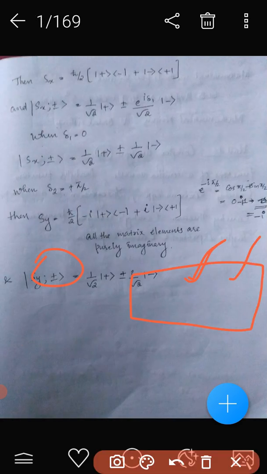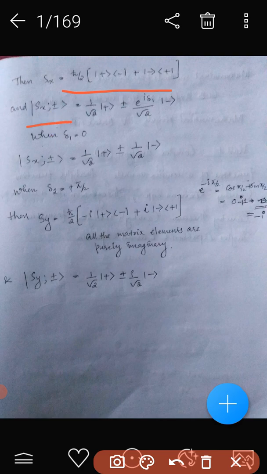Therefore, Sx can be written as Sx equal to plus h cross by 2 (ket plus bra minus plus ket minus bra plus), and the ket vector Sx plus or minus, we already know its value, and we are giving the value of delta 1 as 0.